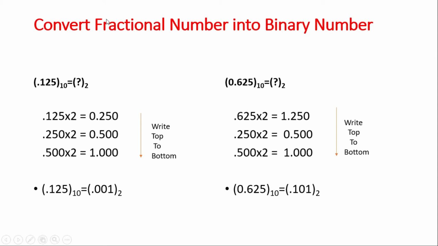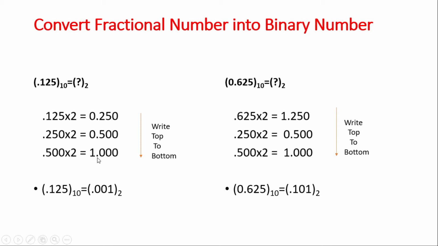Convert fractional number into binary number. In the case of a fractional decimal number, how can we convert to a binary number? 0.125 multiply 2 is equal to 0.250. 0.250 multiply 2 is equal to 0.500. 0.500 multiply 2 is equal to 1.00.